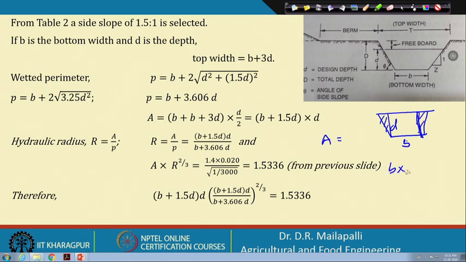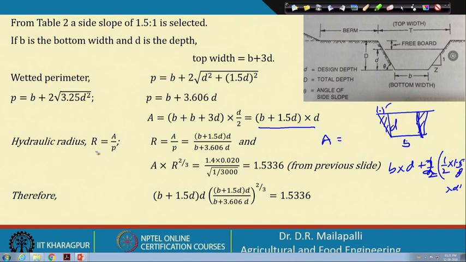So, B into D plus half, 2 times half BD. So, this will be 1.5 D into D, right. So, that will be B into D, so that will be B plus 1.5 into D.